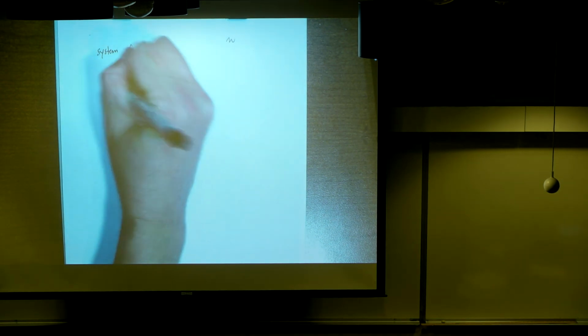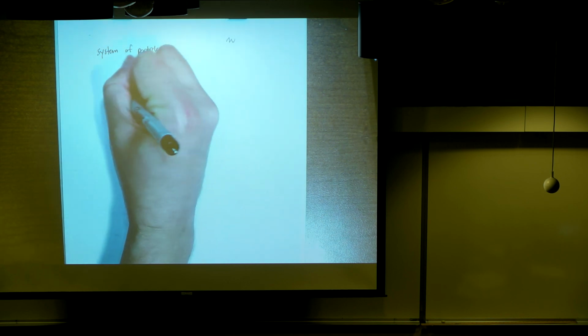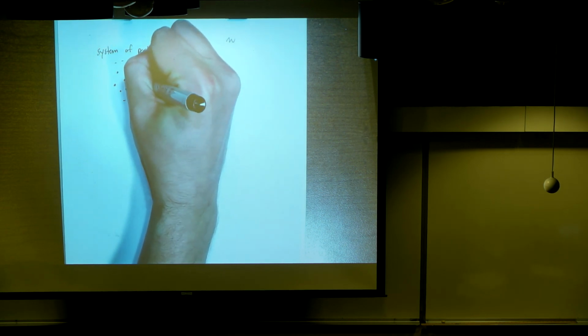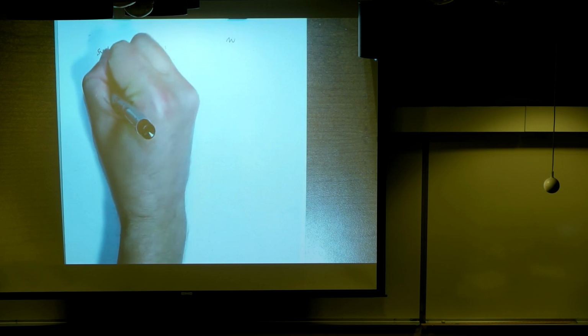Each particle is just a little dot on my picture, and I'll draw this little boundary around it to show that that's my system. Everything inside of that dashed line is my system. Everything that's outside is external to it.